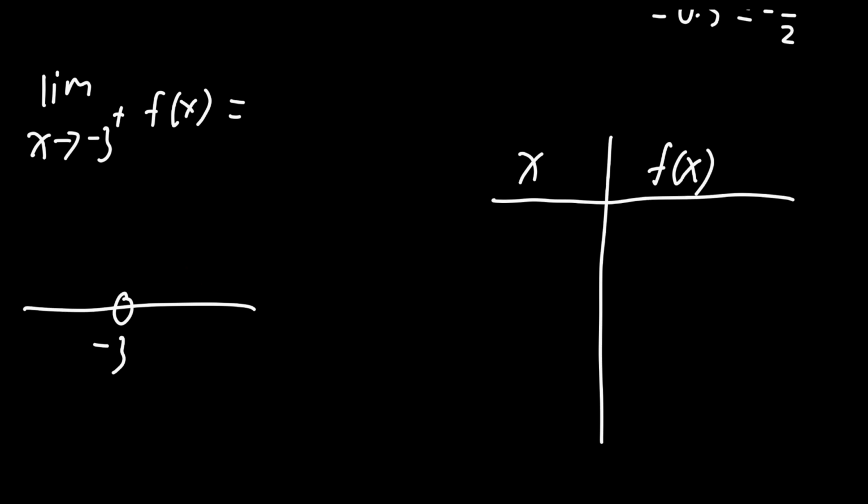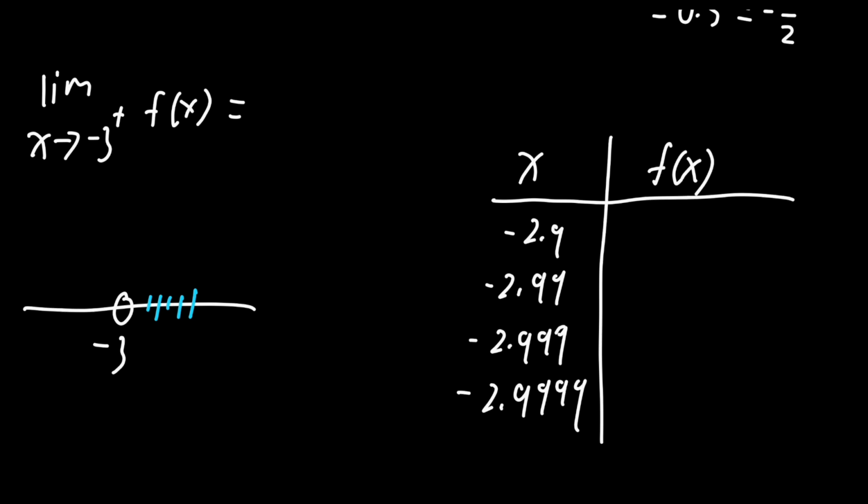We want to choose a number that is really near -3. That number could be -2.9, so it might be right here. But we're going to choose multiple values approaching -3, so it might be -2.99, -2.999, and -2.9999. You may write a few more if you want.